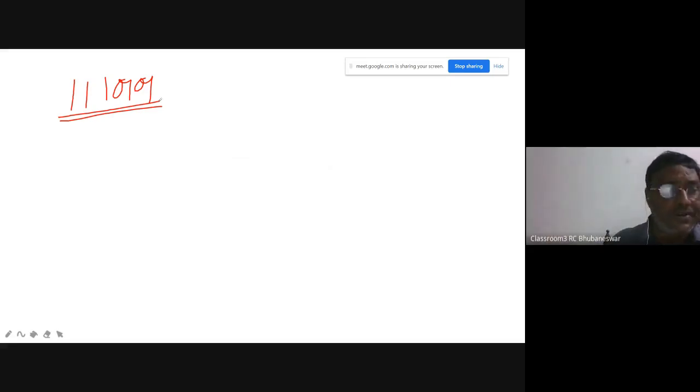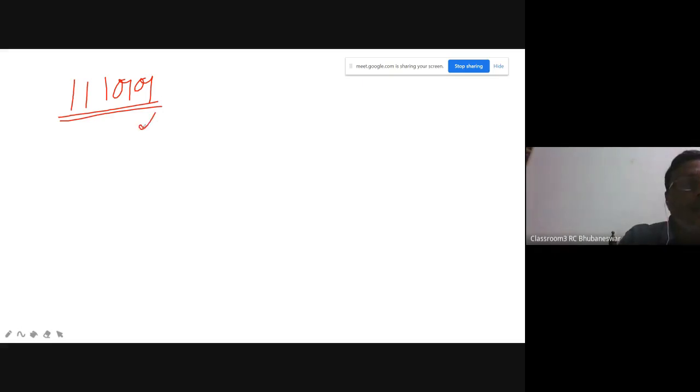Is there any error? If yes, then in which data bit? And what is the correct data?